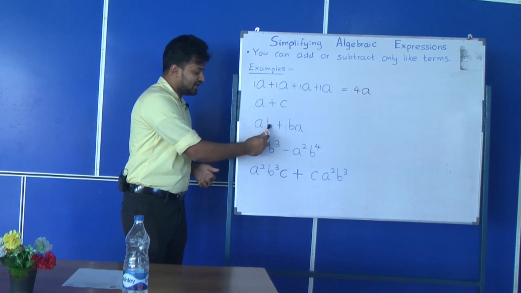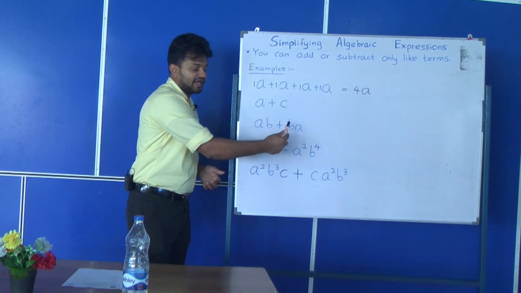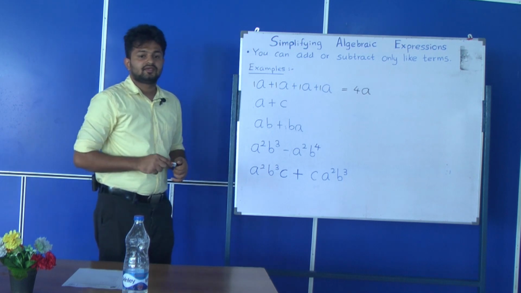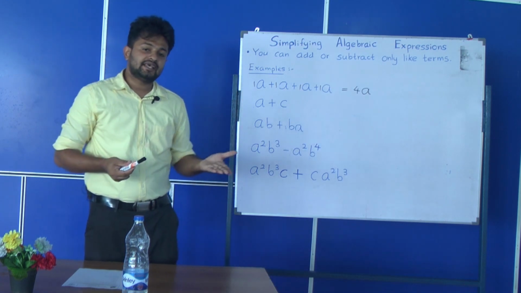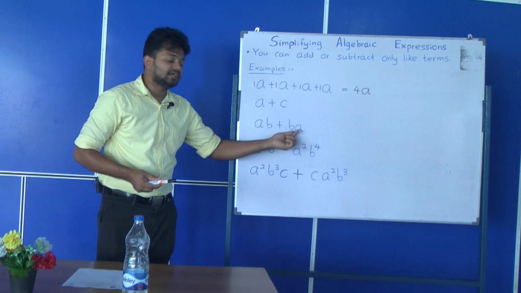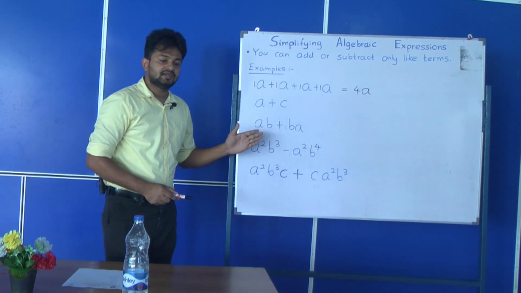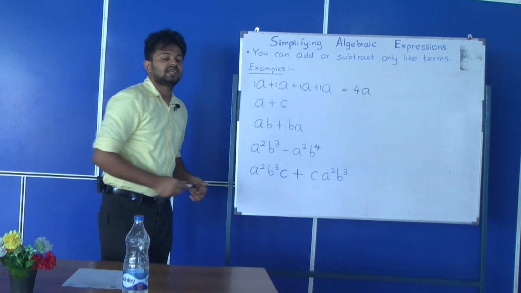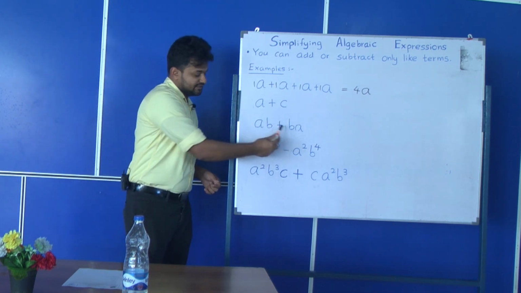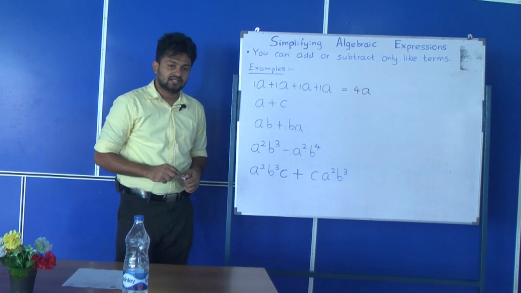A multiplied by B is the same as B multiplied by A. They are both the same. Only the position is different. So you can take this whole thing as one term and this whole thing as another term, and eventually these 2 terms become like terms.